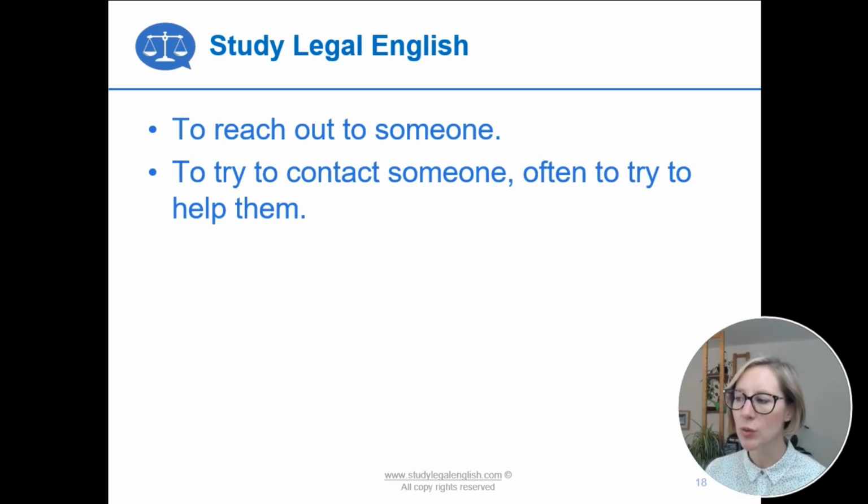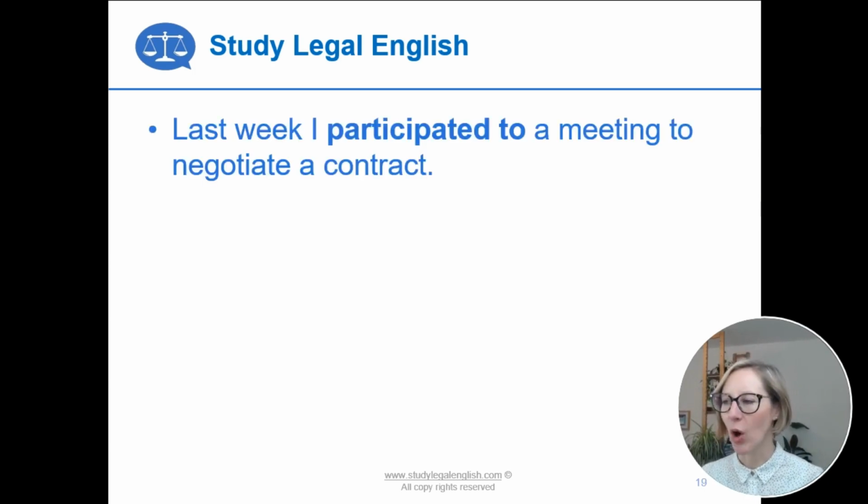And it means to try to contact someone, usually in order to try to help them. This is a phrasal verb that Natasha and I use in our book, Practical English Language Skills for Lawyers, Improving Your Legal English, because it's a common way to talk about contacting someone. Anyway, let's move on.